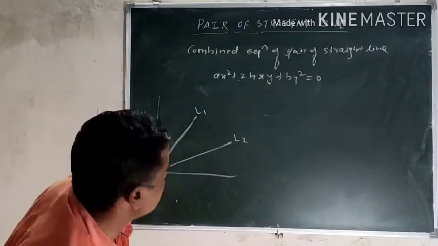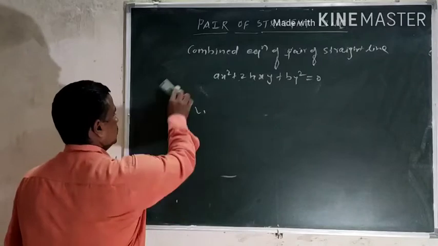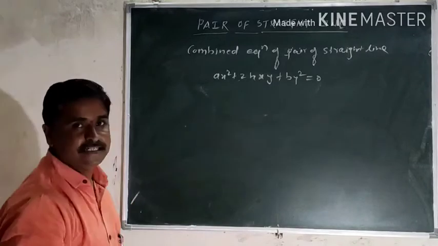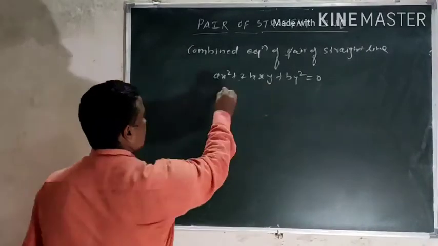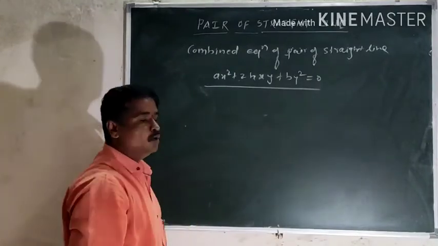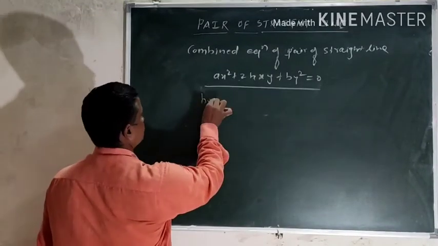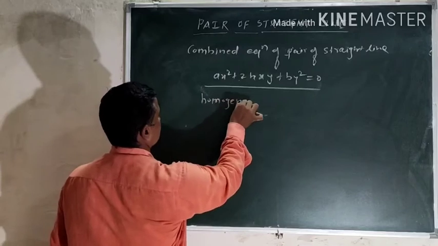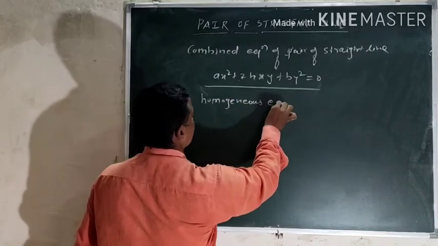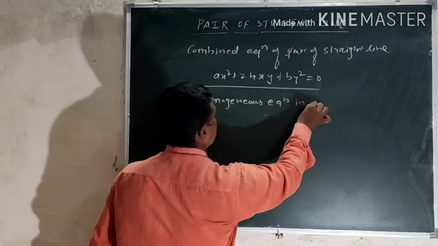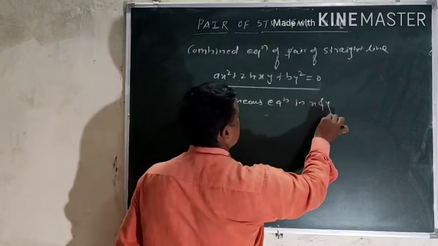It is the combined equation of a pair of straight lines passing through the origin, and it is known as a homogeneous equation in x and y.